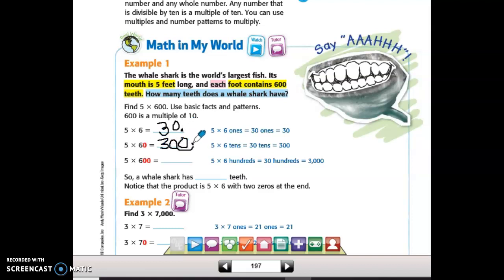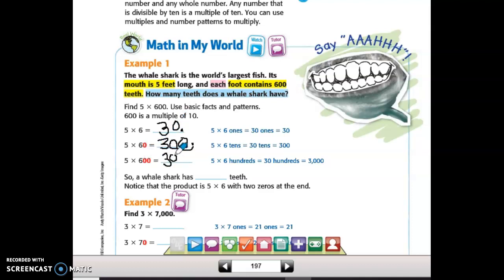It's important to start thinking about that because when you start getting into multiplying decimals, knowing how many times to move it is a good practice, basically. But you don't have to worry about that quite yet. Just think about it. So 5 times 600 would be 3,000. Because we're taking 30 and we're moving the decimal twice, or we're adding 2 zeros.